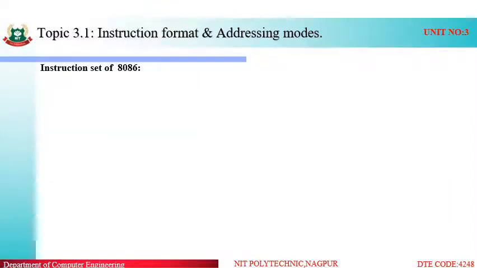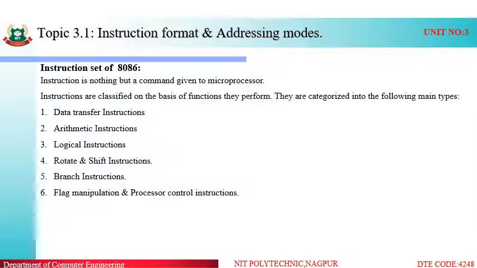So coming to the instruction set of 8086, as we all know, an instruction is nothing but a command given to the microprocessor. In total, 8086 has 256 instructions. Depending upon the operation or function they perform, all the 256 instructions are classified into different categories.